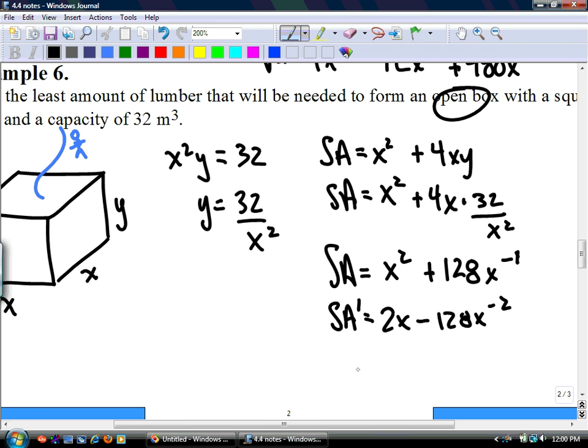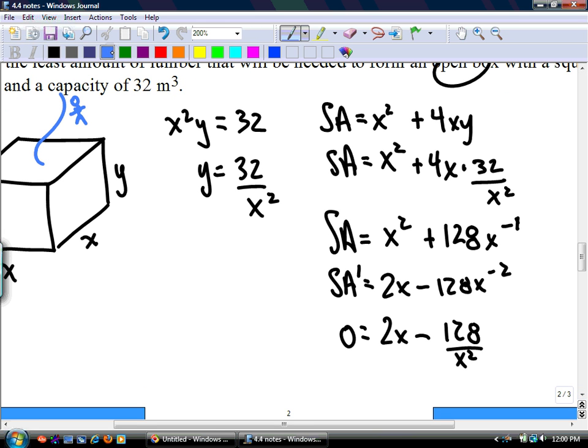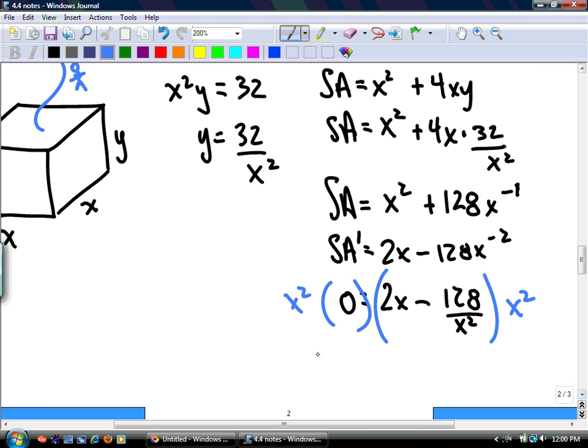Okay. 0 equals 2x minus 128 over x squared. Multiply everything by x squared and you get 0 equals 2x cubed minus 128. Move the 128, divide by 2, you get 64.